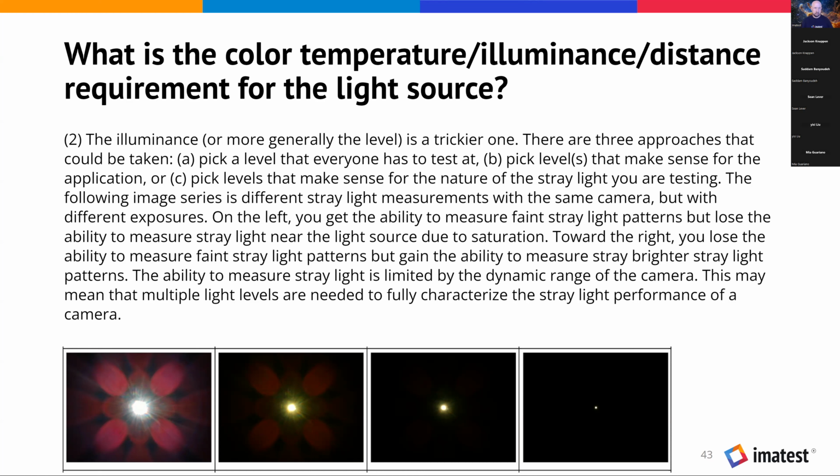It's really a high dimensional problem, stray light, right? You've got different wavelengths that might have an impact. You've got different exposure levels and light intensities, and then also the two dimensions of the position of the light source with respect to the camera. That makes it really hard because of the amount of bookkeeping involved.